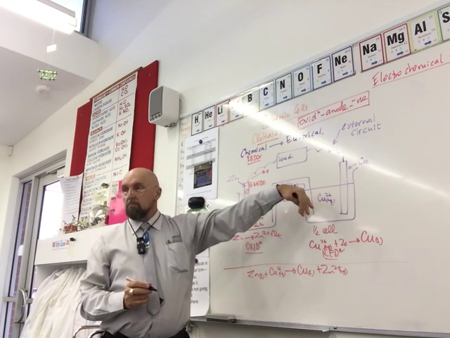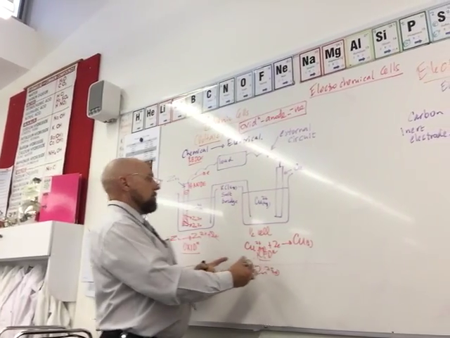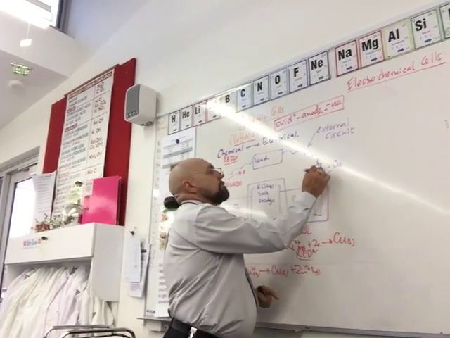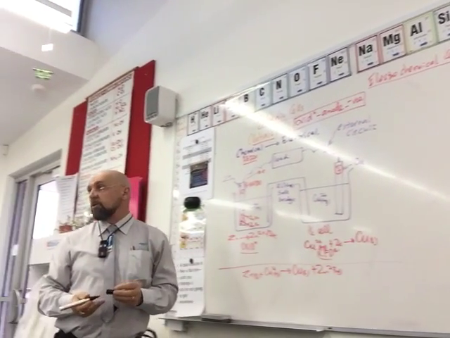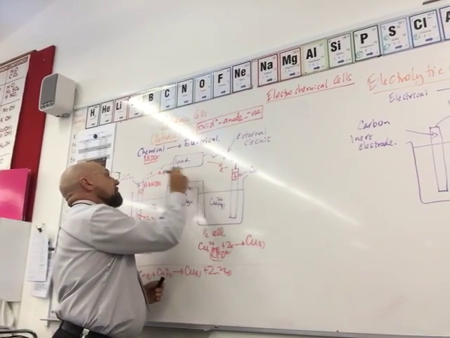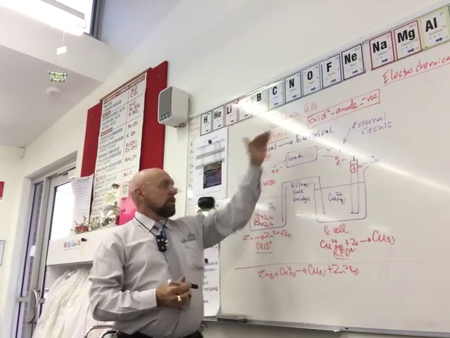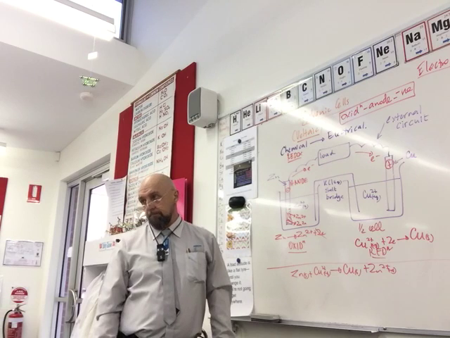And funny enough, over here, if this is negatively charged, oxidation, anode negative, that means the cathode is positive, and of course positive attracts negative. It attracts electrons. So it just makes sense that electrons are going to flow the way that I've got it, from the most active metal to the least active metal, in any circuit that I make, all the time.